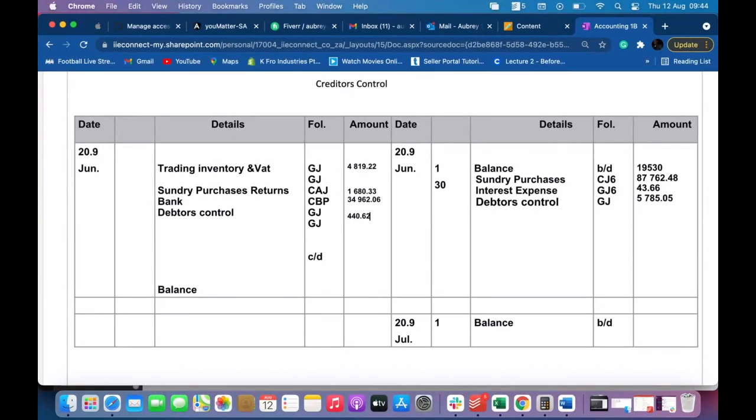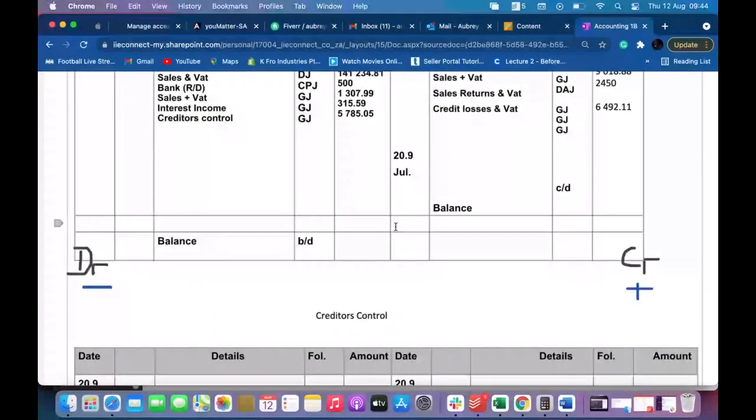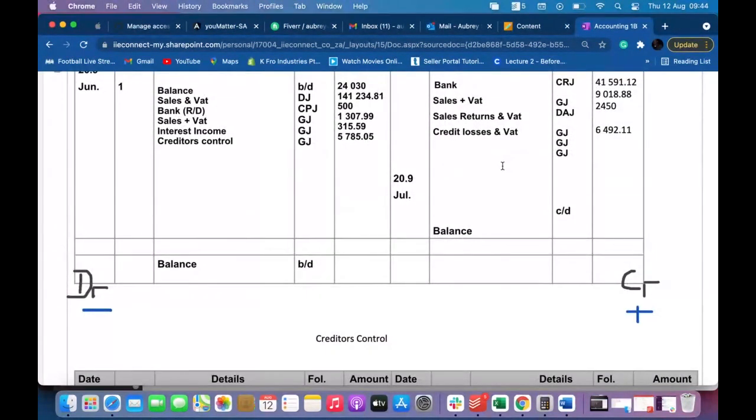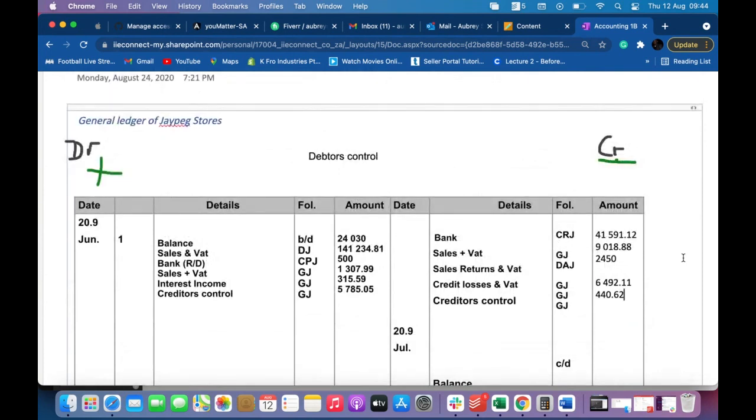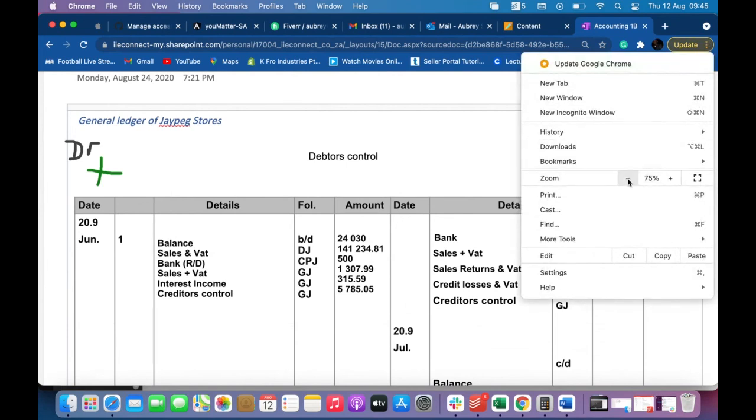Then we just need to record this in here. So here you're going to say creditors control, 440.62. And we are done.